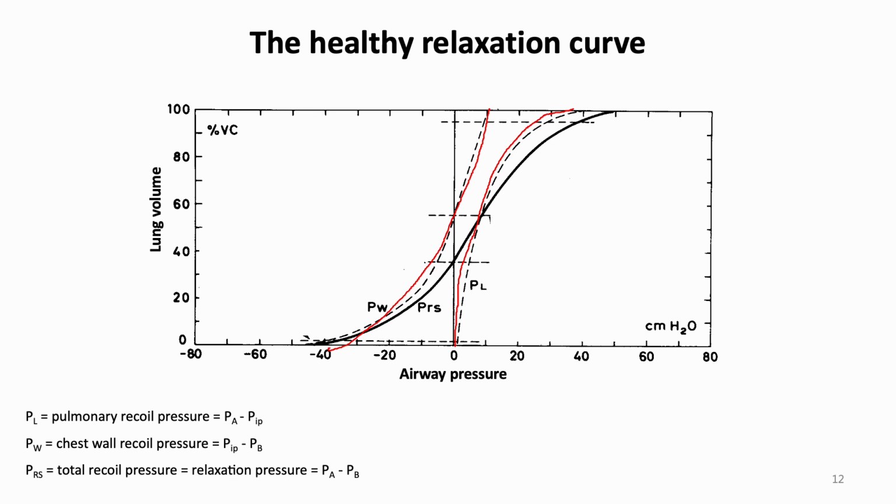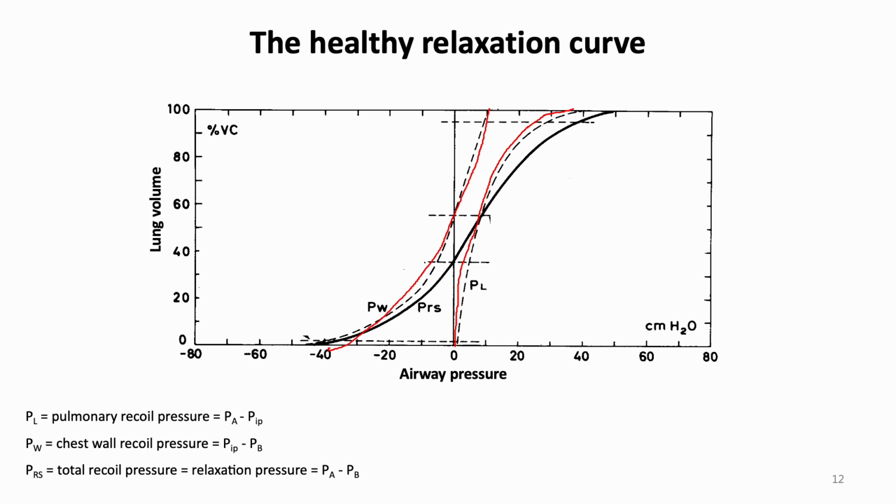So in this way, we're visualizing the competing influences of the elastic recoil pressure of the lungs and of the chest wall, and how they together affect total lung volume ultimately, because lung volume is what we have on the x-axis here.